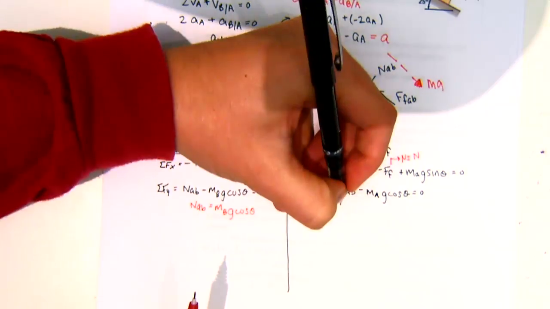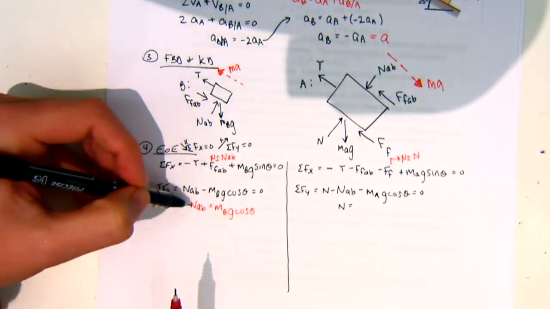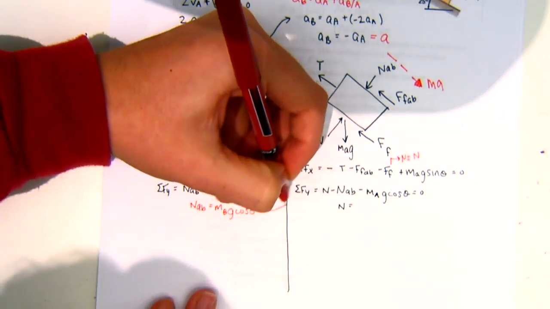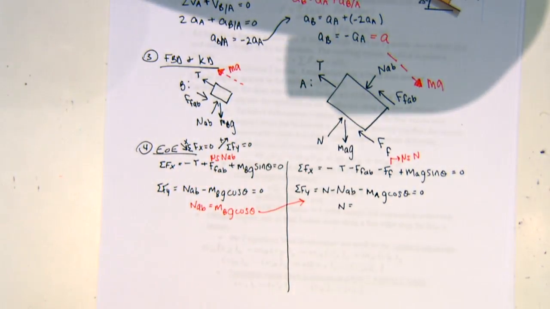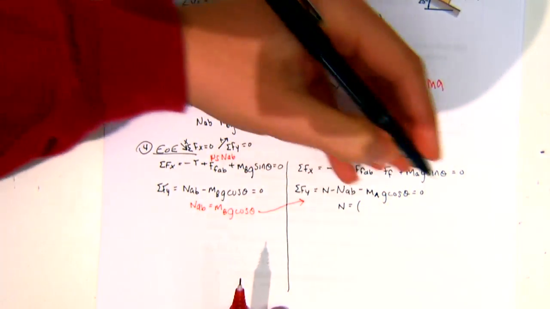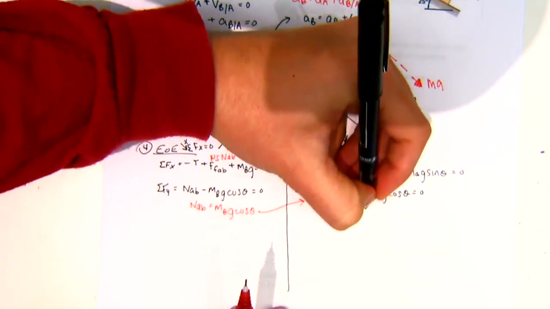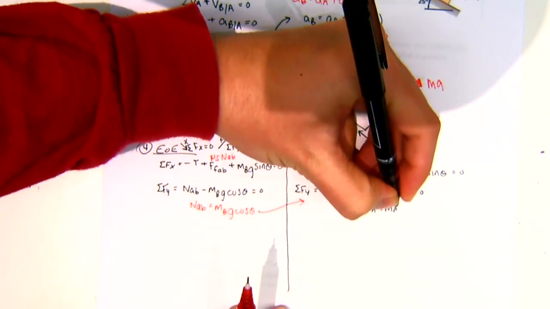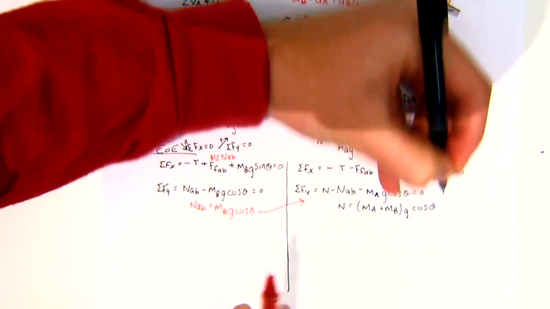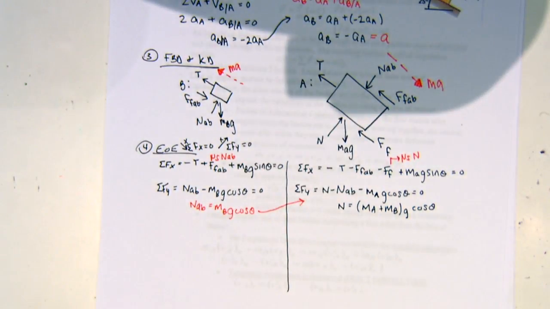So I can say that N, and so here I know that NAB is equal to MBG cosine theta, right? So if I plug that in, I get big N is equal to MA plus MBG cosine theta. Good?